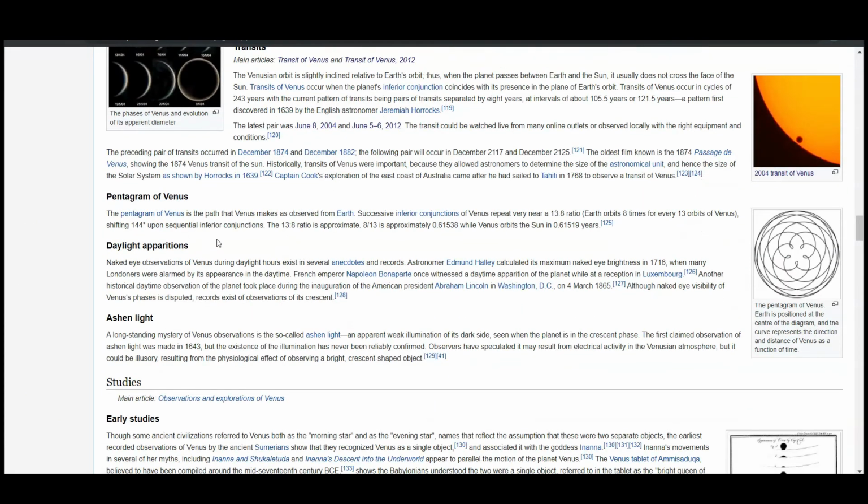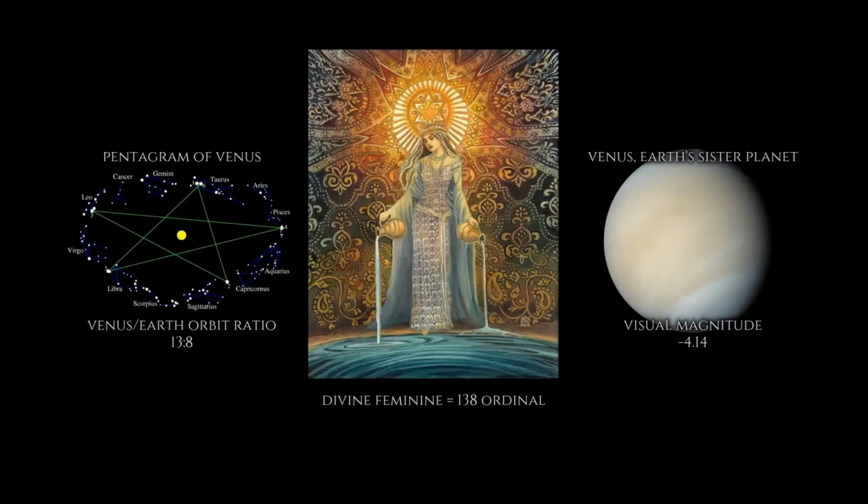The pentagram of Venus is the path that Venus makes as observed from Earth. Successive inferior conjunctions, and that's a conjunction of Venus and the Sun, repeat very near a 13:8 ratio, shifting 144 degrees upon sequential inferior conjunctions. And this 144 degree shift is what creates our pentagram.